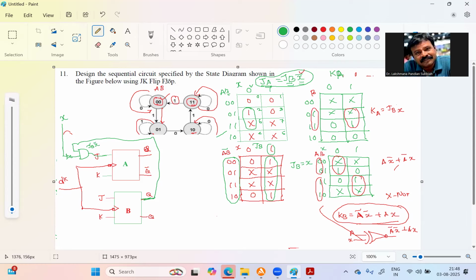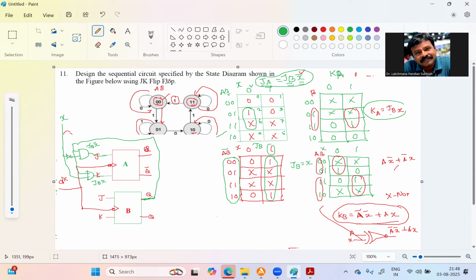Next KA equal to JB X. That is KA, right? So you take that one here itself. Then here you have to take this X. So you take these two and put an AND gate and connect with X and JB.